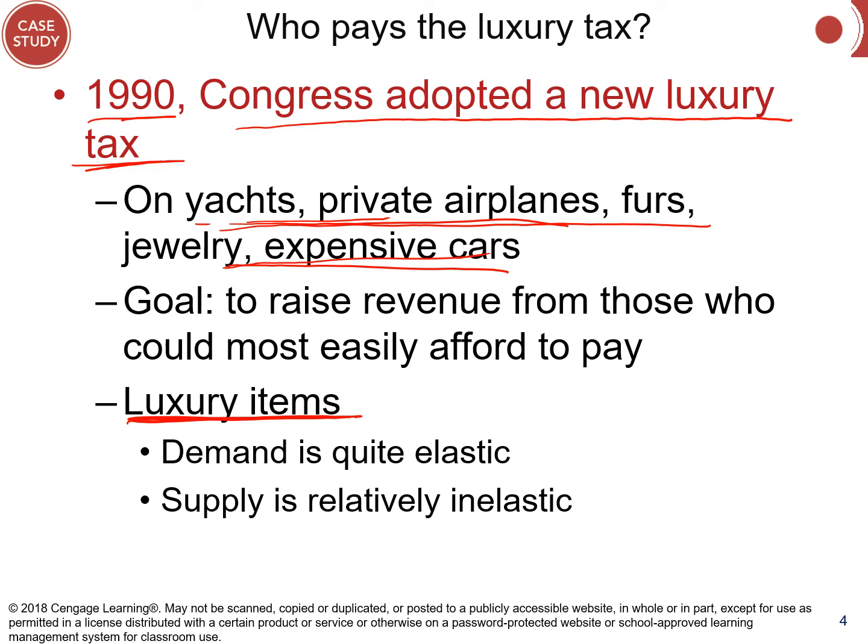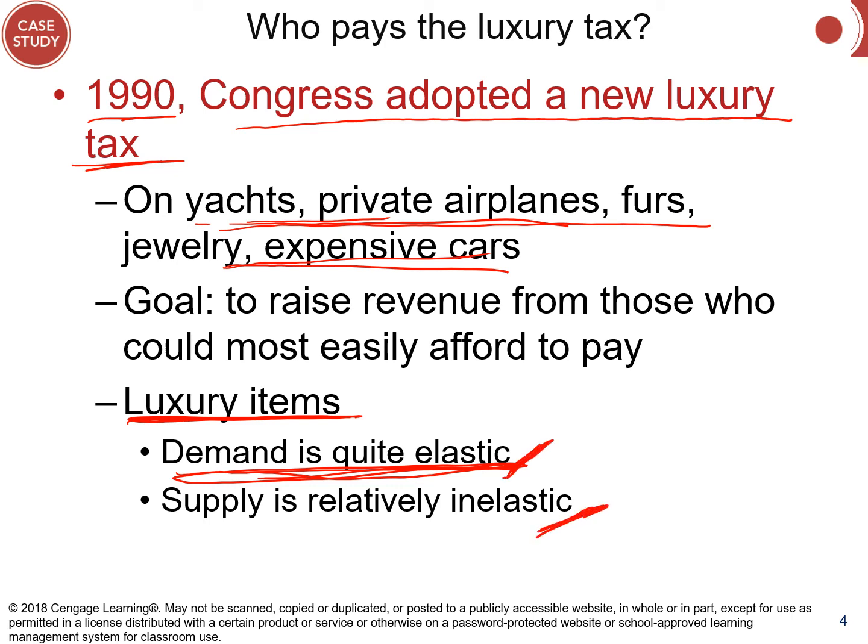From the buyer's point of view, demand for luxury items is relatively elastic, because if you increase the price or impose a tax on those luxury goods, buyers are going to say, I can freely leave the market. I don't need to buy that product because I can get by without it.